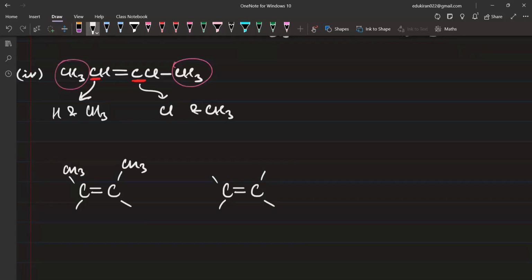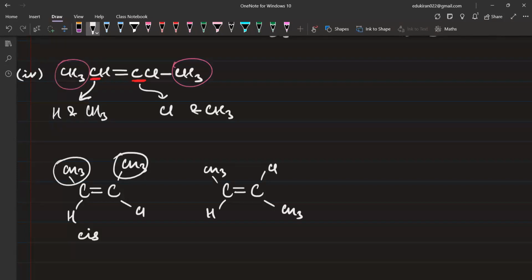CH3 and CH3 are here, hydrogen and chlorine are here, and here CH3 and CH3 are in the trans position. Here we have hydrogen and here we have chlorine. So this is same group on same side, so it will be cis, and the same group on opposite side, so it will be trans.